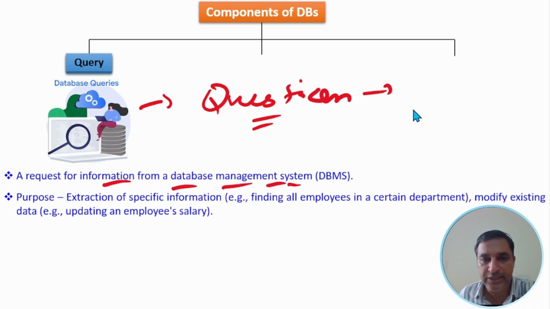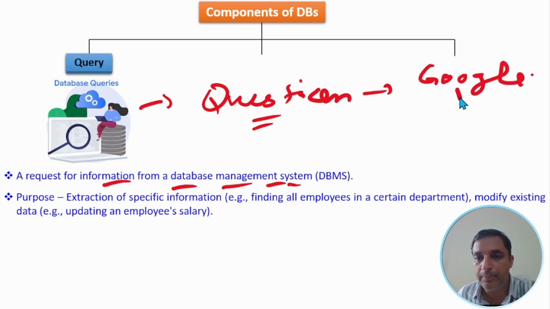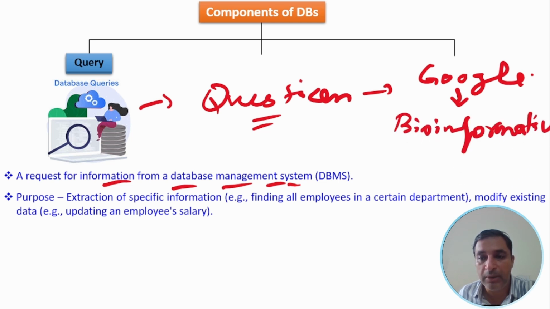Let's understand this with the help of an example. Suppose you open Google and put in a question: what is bioinformatics. This question is actually the query being asked of the database. The purpose of a query is to extract a specific kind of information from the database.